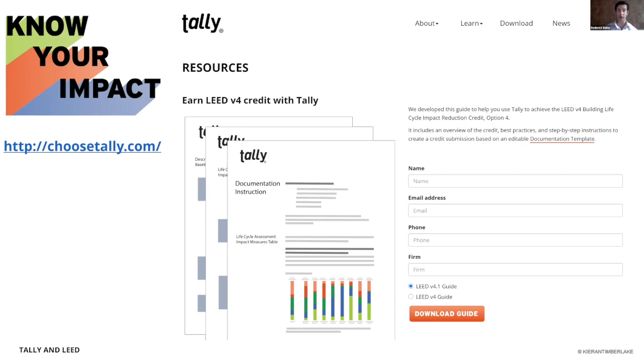What's in scope? What's out of scope for the purpose of LEED? We have a number of other fantastic resources, including webinars that cover topics ranging from, say, biogenic carbon to reducing the impact of steel or concrete in your building. A lot of these are tool agnostic, not specific to Tally, but really on the topic of LCA in general. So definitely check those out at choosetally.com.